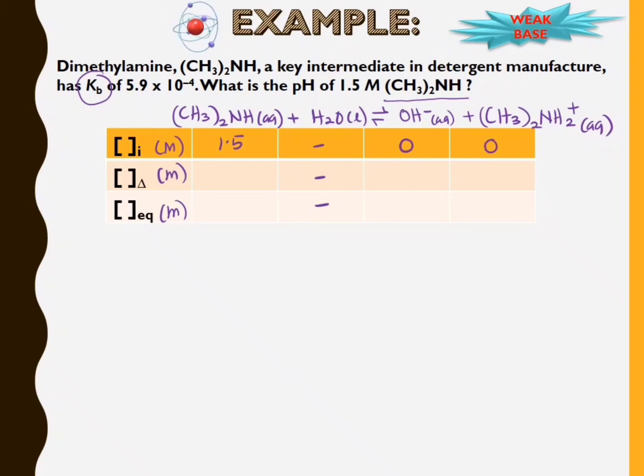Next, for the change of concentration, negative X here, positive X here, to balance. The nice thing about the acid base chapter is that the ratios are usually all 1 to 1. But look carefully, not everything is this lucky. Then the equilibrium concentration is 1.5 minus X, X, X.